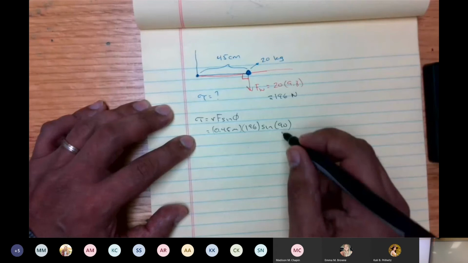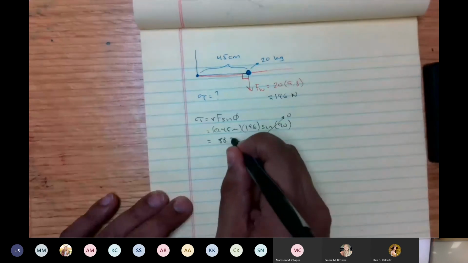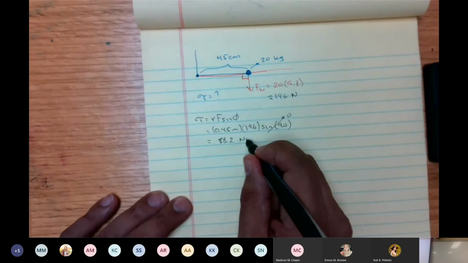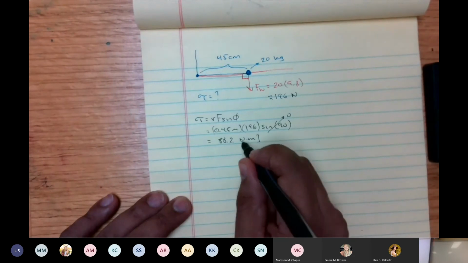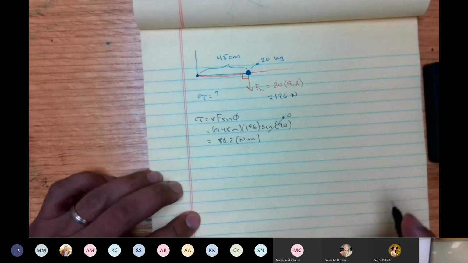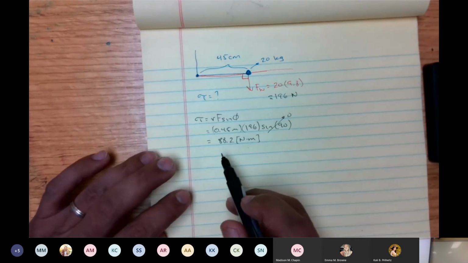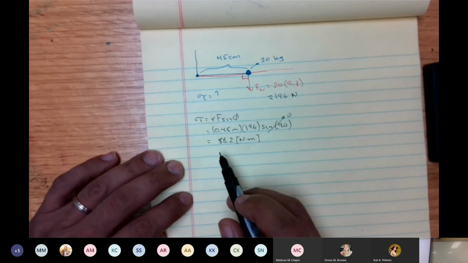And this is going to be, what did you get, Emma? 88.2 newton meters. Okay, this is the magnitude. Remember, we are working with a torque, and a torque is a vector. So we need to find out what is the direction of the vector.